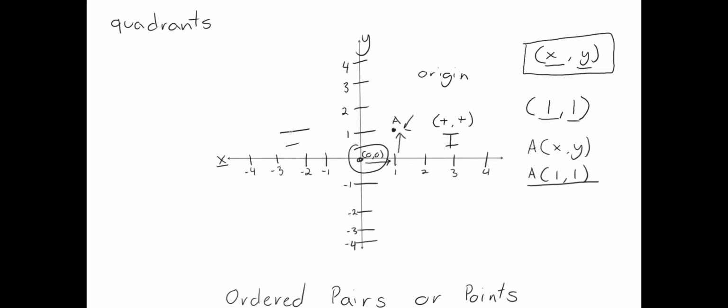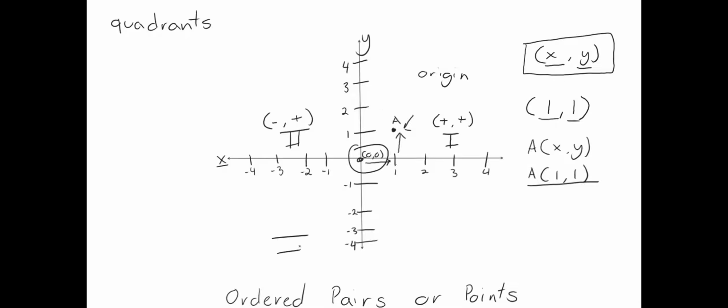Then we go to quadrant 2. Because we're always focused on the x first, we have to move to the left, so this one is negative, and then we move up, so this one is positive because of the y-axis.